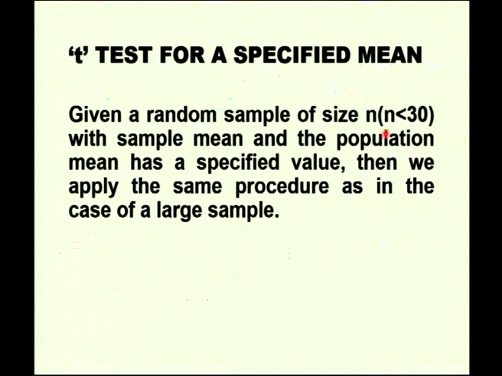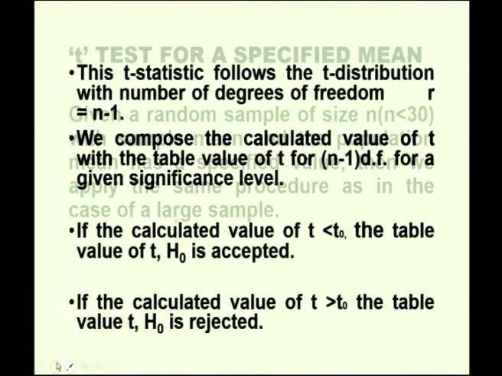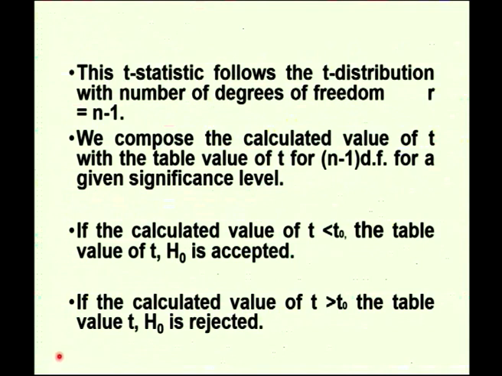Now, a t-test for specified mean. Given a random sample of size n less than 30 with sample mean x bar and the population mean has a specified value, then we apply the same procedure as in the case of large sample. Thus we have discussed the t statistic follows the t distribution with number of degrees of freedom r equal to n minus 1.